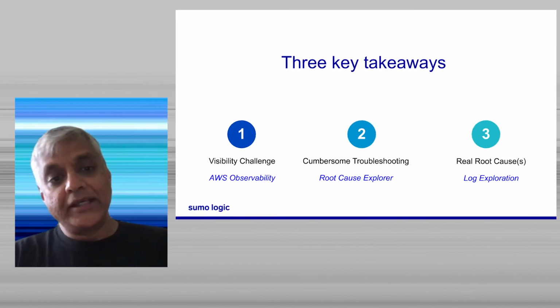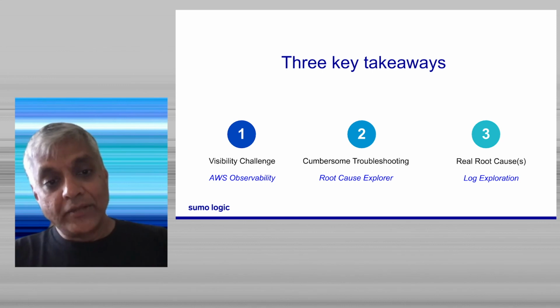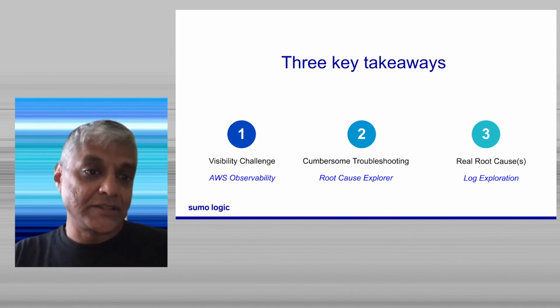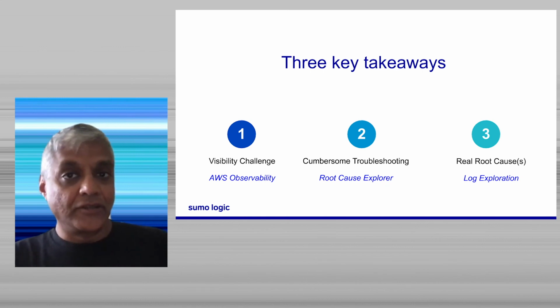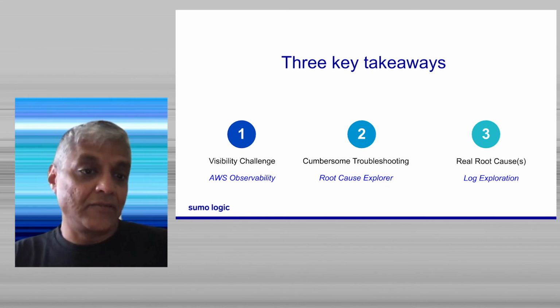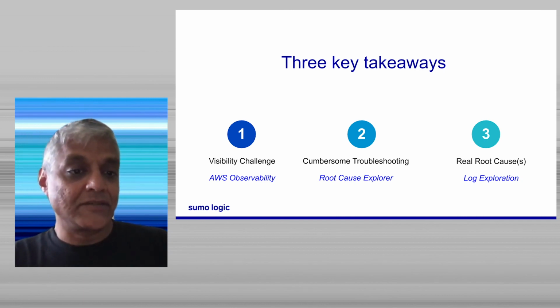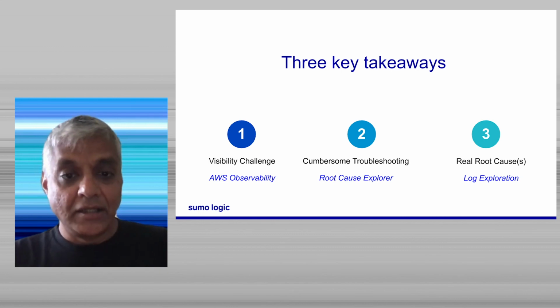To wrap up, three key takeaways. With cloud environments, there is a visibility challenge. In this example, you saw AWS observability solving for that challenge for AWS environments, giving you visibility at the account, region, namespace, and entity levels across the various AWS services that we examine.